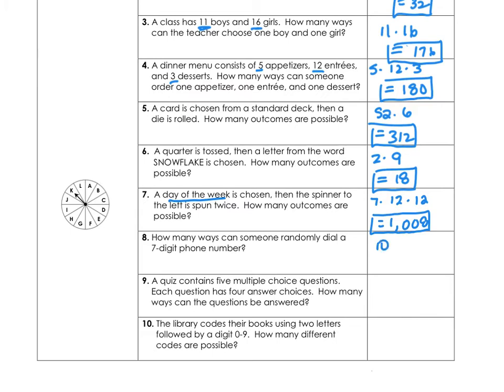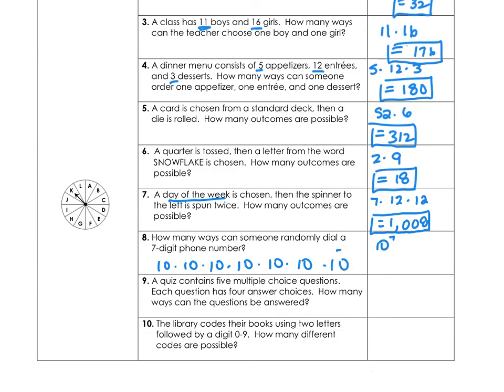So we've got 10. And if you have a 7-digit number, and it doesn't say anything about not duplicating, you've got those 10 digits, and you're going to be doing 10 times itself 7 times. So we're just going to use our exponent, because we've got 10 times 10 times 10 times 10 times 10 times 10 times 10.